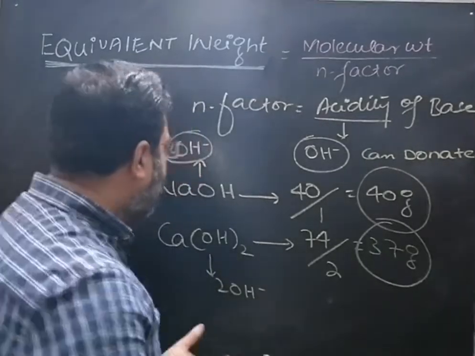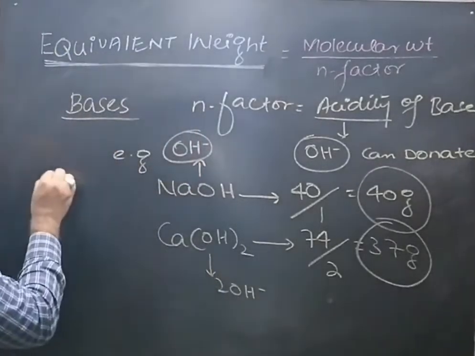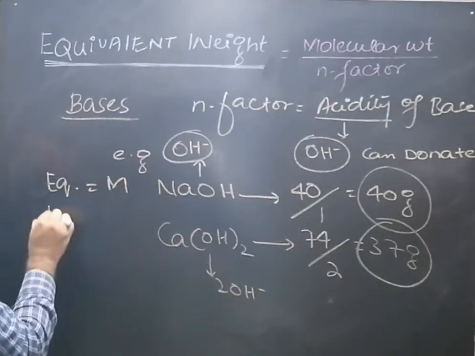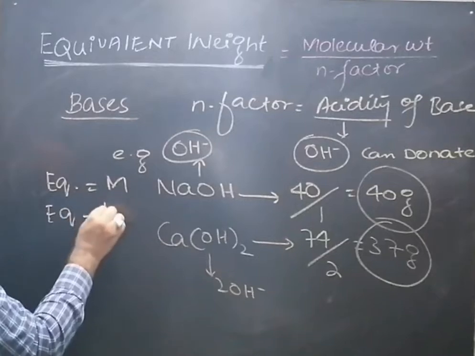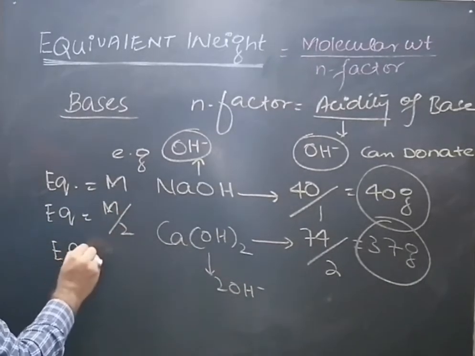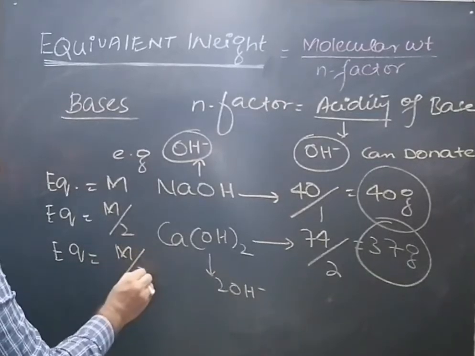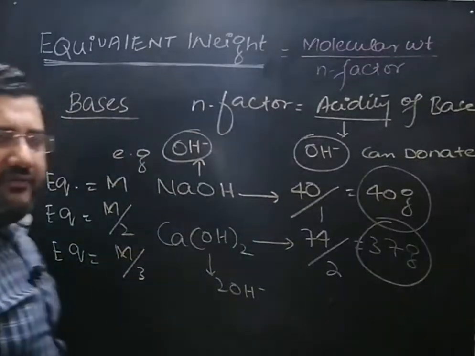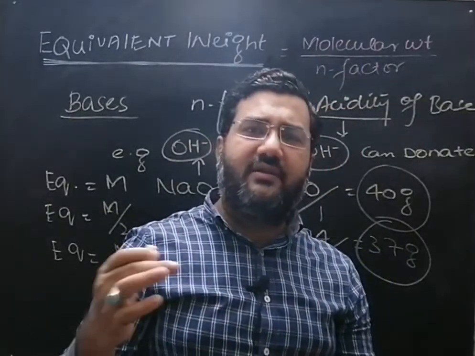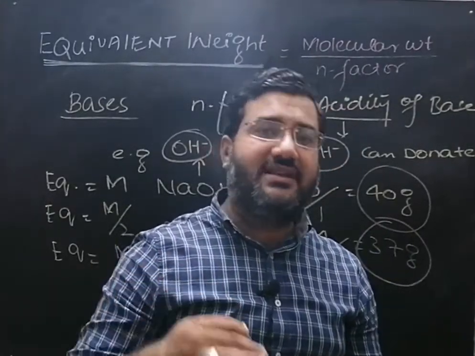So sometimes equivalent weight is equal to molecular weight. Sometimes equivalent weight is equal to molecular weight divided by 2. Sometimes it is molecular weight divided by 3. Sometimes it is molecular weight divided by 4, or by 5, or by 6.